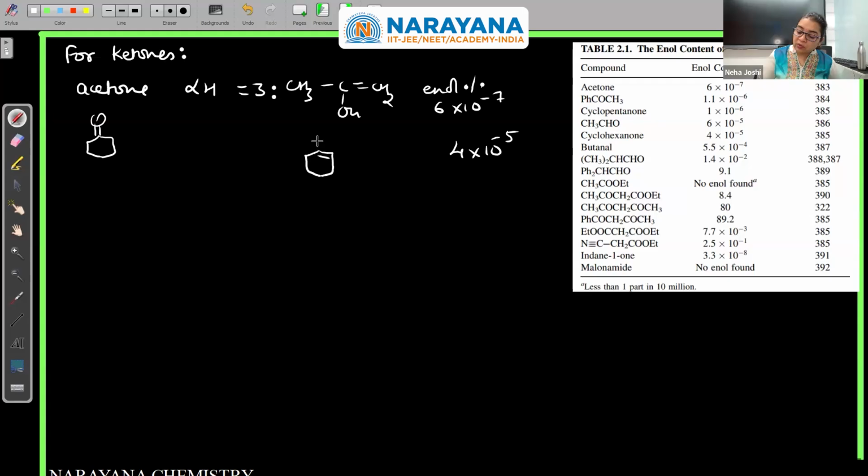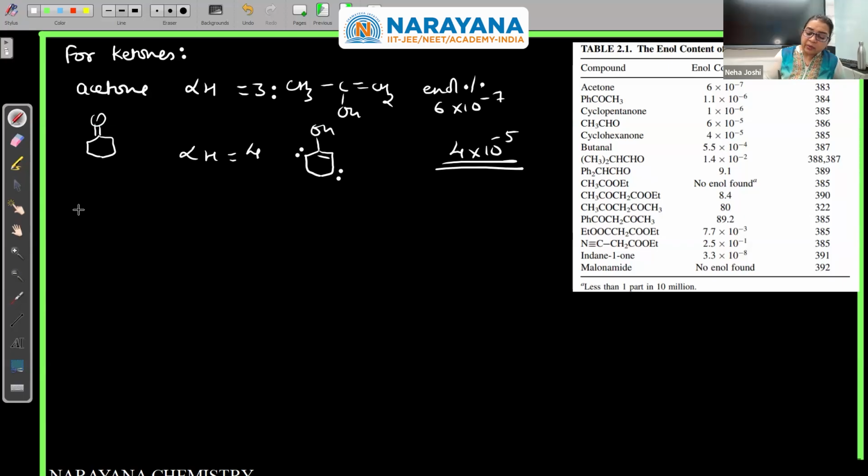What will be its enol? OH, alpha H, if I ignore OH, 1, 2, 3, 4. Enol percentage is increased. But comparing always amongst ketone. Never jump from aldehyde to ketone or ketone to aldehyde. That is fixed. So 4 into 10 to the minus 5 in case of cyclic.